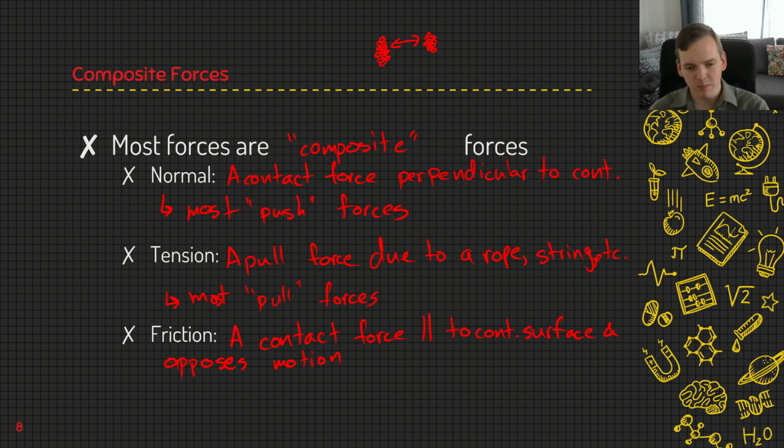If you're sliding along something, it's what slows you down. It's always opposing motion and it's always pointed parallel to where the two things are touching, as opposed to the normal force, which is pointed perpendicular to where the two things are touching. So that's the basics of forces that we're going to talk about in this unit. We'll get into more detail in our next unit.